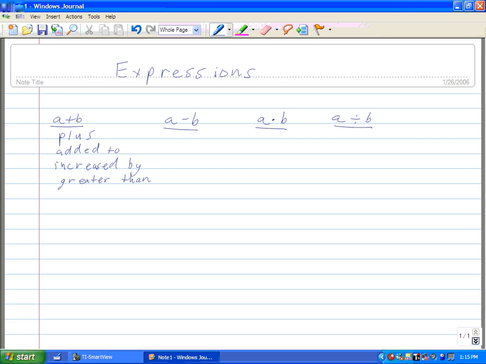And very commonly we'll say that A is B more than some other value.